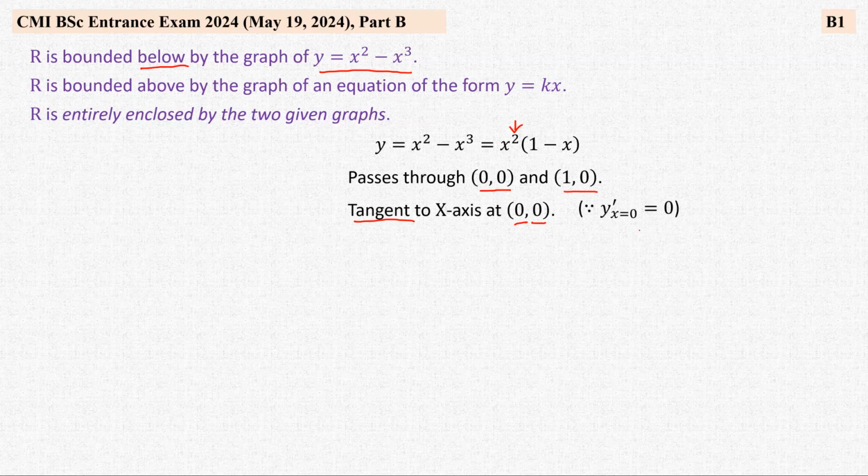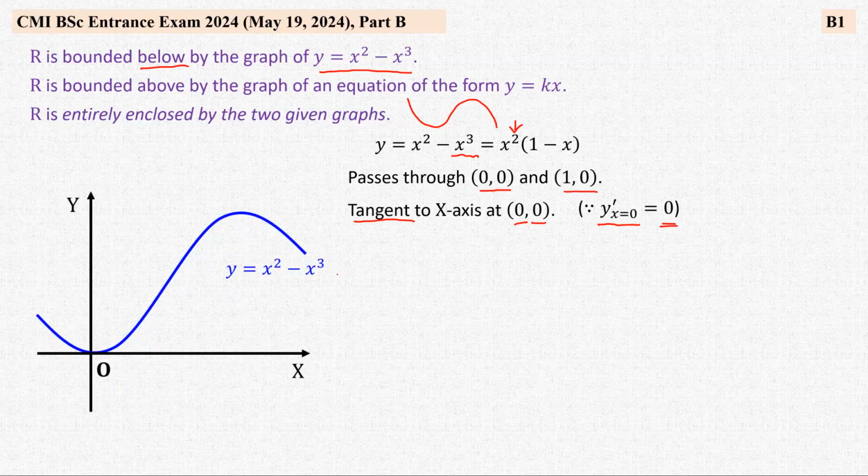You can easily verify this mathematically by showing that the value of the derivative at x equals 0 is 0. Moreover, this is a cubic function with negative leading coefficient, hence the graph must have a decrease, increase, then decrease again shape. Therefore, we have the following graph.